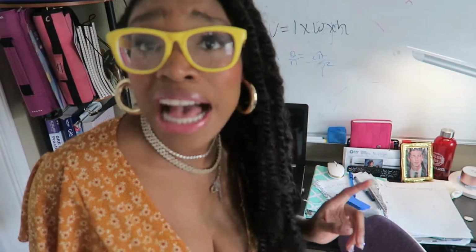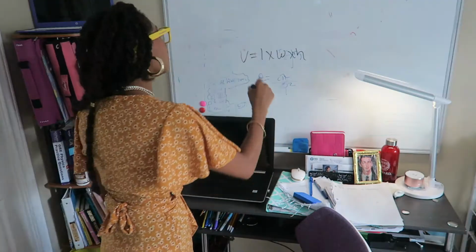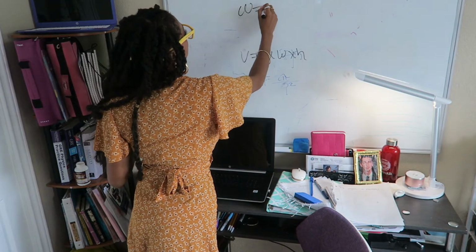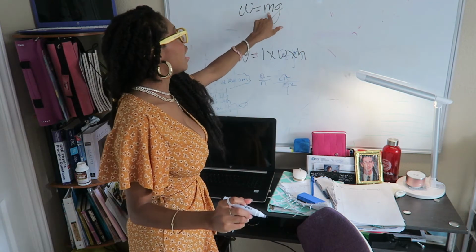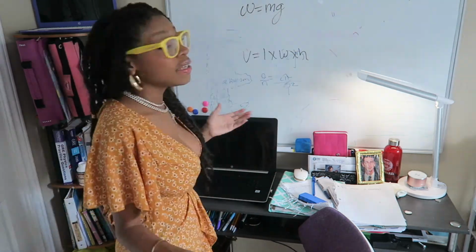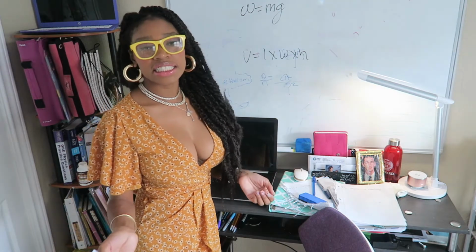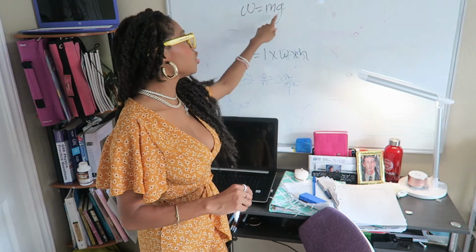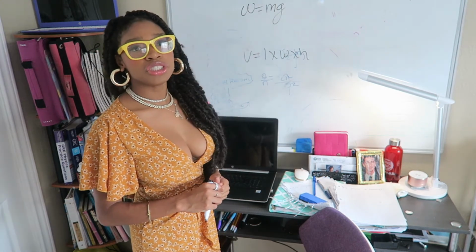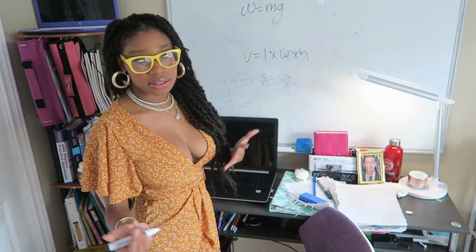So for mass, the most basic of formulas is weight equals mg, that's mass times gravity. Even though weight is not necessarily the same thing as mass, as it pertains to gravity you have to measure it in that circumstance.